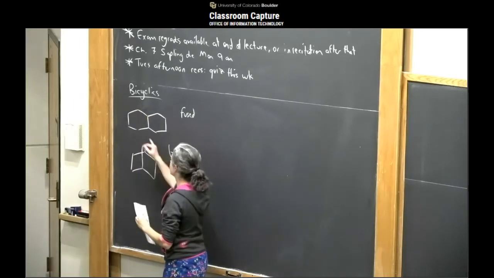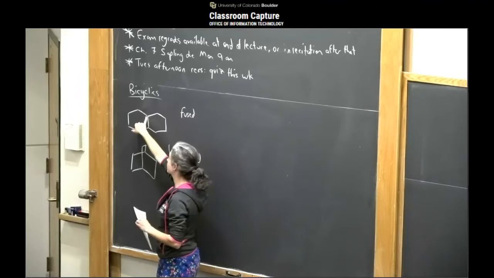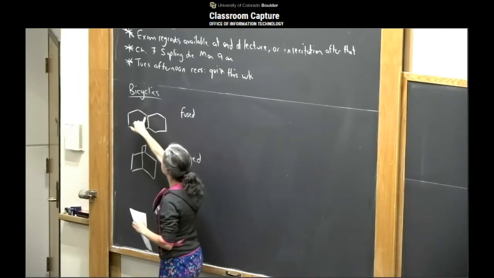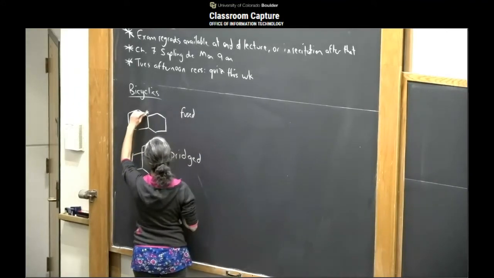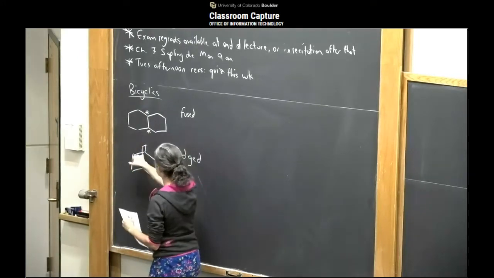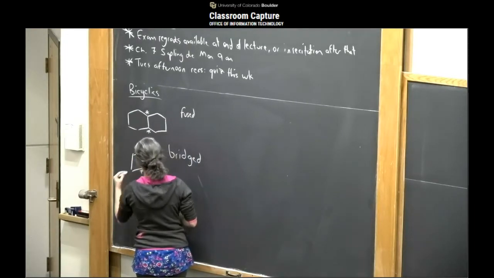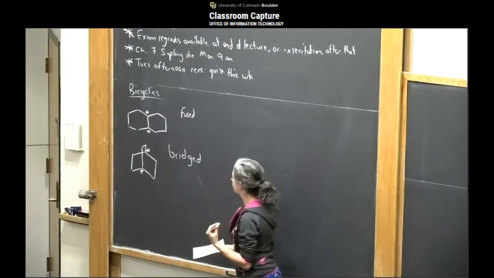So in other words, atoms that are involved in more than one ring at a time. So for instance, this one here is involved in multiple different rings. This one here is involved in multiple different rings. The same for here and here. It's the atoms holding the whole deal together, basically.